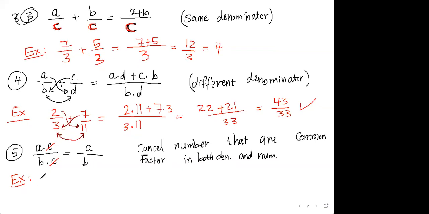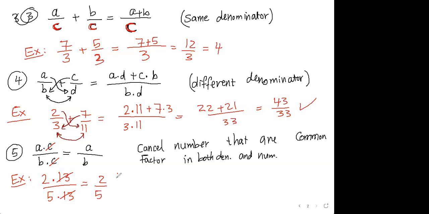Okay, I will give an example. Suppose I have 2 times 13 over 5 times 13. Look, we have a common factor, the 13. So we cancel it, and it gives me 2 over 5.